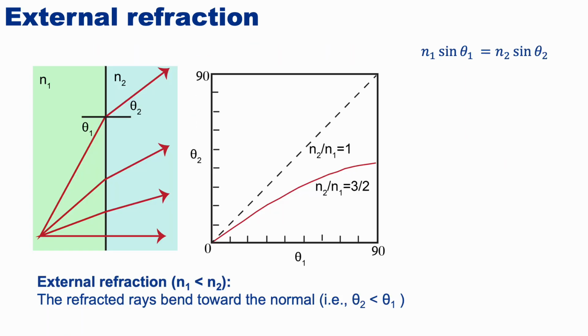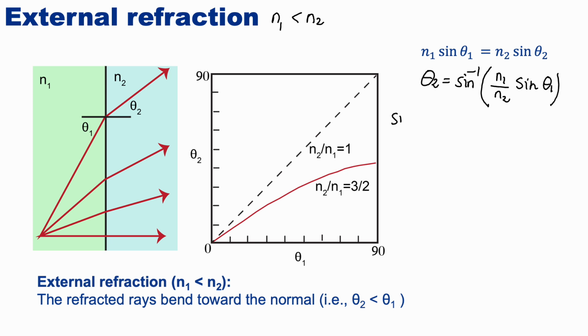So let's talk about external refraction. External refraction is the particular case where the refractive index of the first medium is smaller than the refractive index of the second medium. If we go to the Snell law, we know that the refracted angle is going to be the inverse sine of n1 over n2 sine of theta 1.